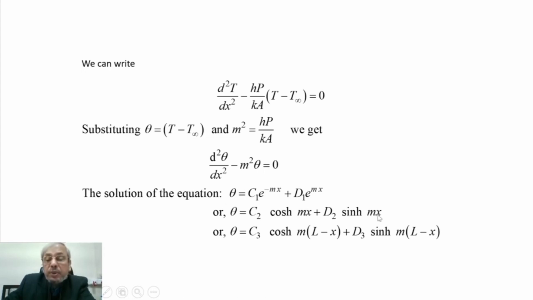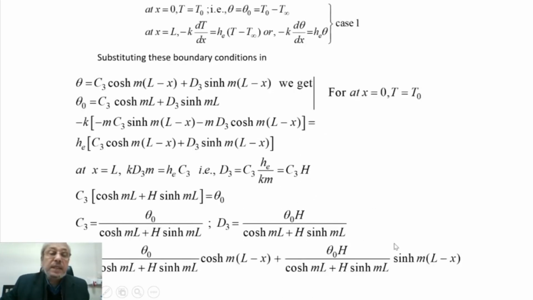So we have to take either the cosh function or the sinh function to match this requirement. So C3 cosh m(L minus x) plus D3 sinh m(L minus x) is the solution we take. And for x equal to 0, T equal to T naught, if we substitute x equal to 0, theta equal to theta naught, so it will be theta naught equal to C3 cosh mL plus D3 sinh mL.